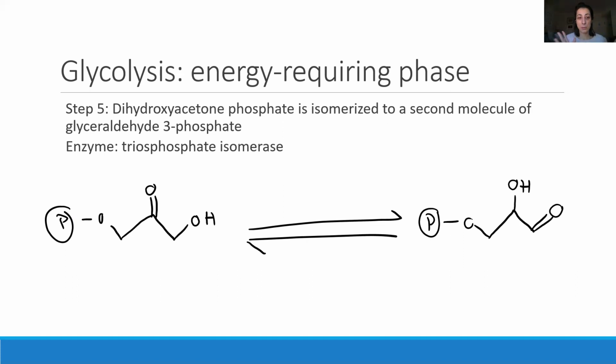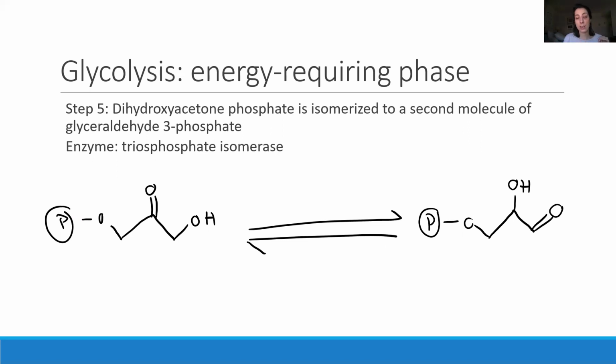So at this point, remember that we have made one dihydroxyacetone phosphate and one GAP. The one GAP molecule that got made is just hanging out during this phase. The one dihydroxyacetone phosphate that is made is then isomerized into a GAP molecule using triose phosphate isomerase. Again, it's making an isomer, right? We're just rearranging the molecule.